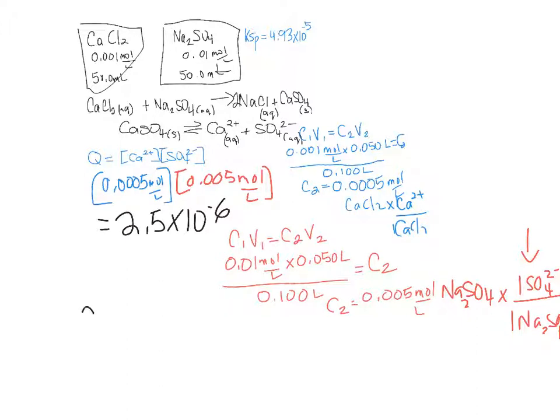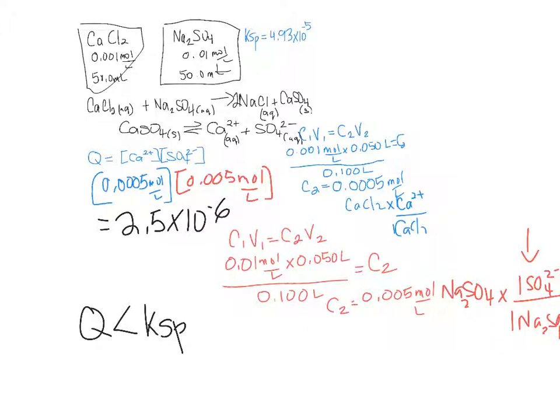That is our Q. Is Q bigger or smaller than our KSP? Smaller. So do we get a precipitate or not? No, it's unsaturated. So no precipitate.